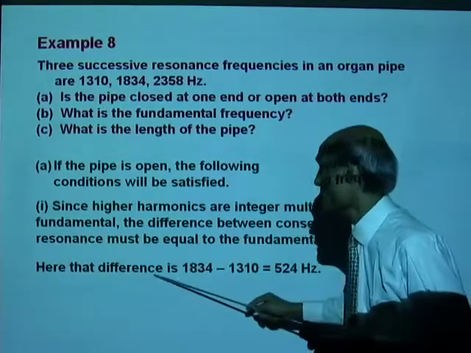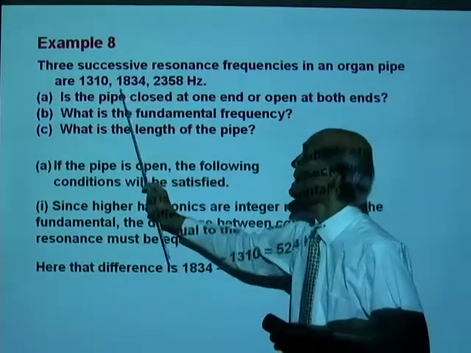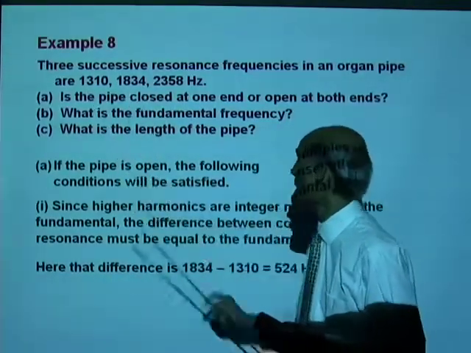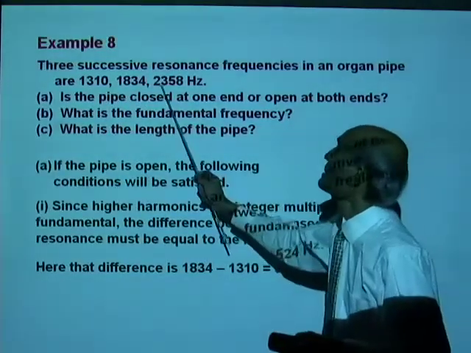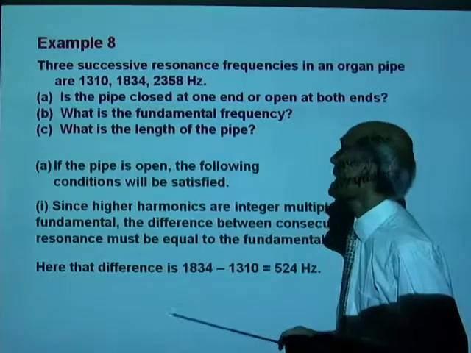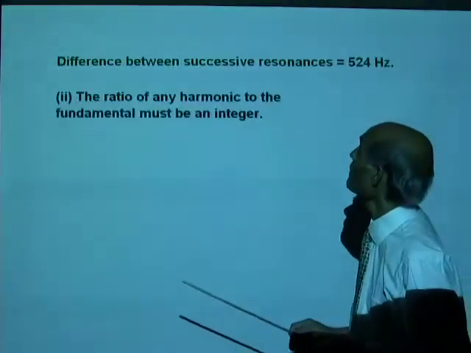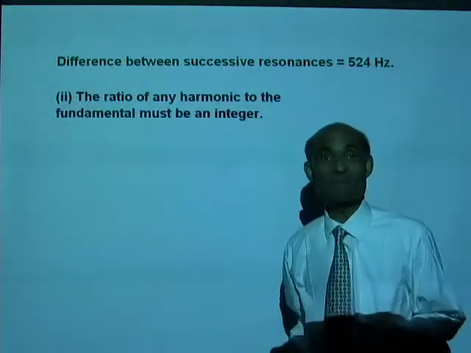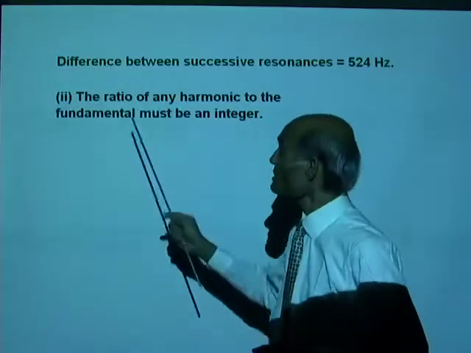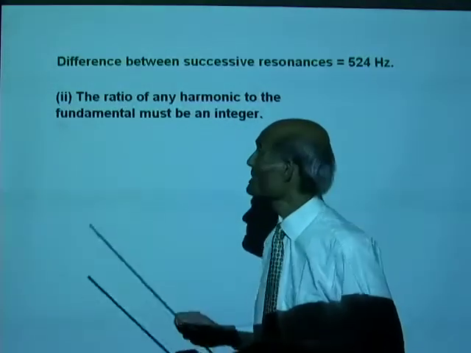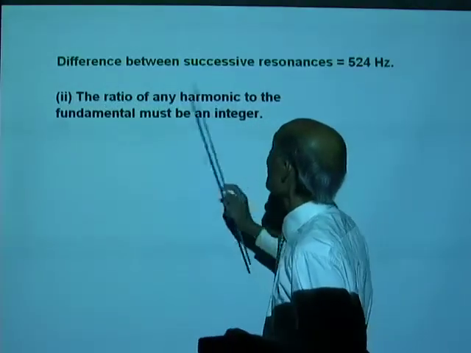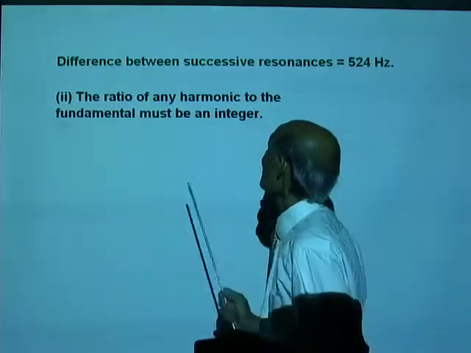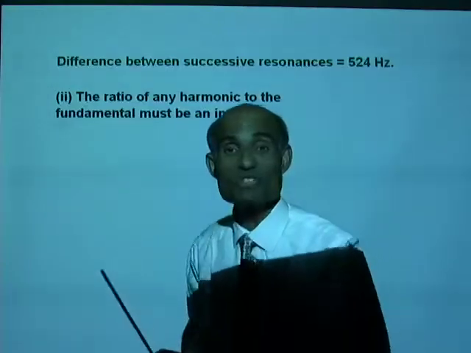Now here, that difference is, let's find the difference. 1834 minus 1310 is 524. 2358 minus 1834 is also the same thing. Now what is the second condition? The second condition is the ratio of any harmonic to the fundamental must be an integer.